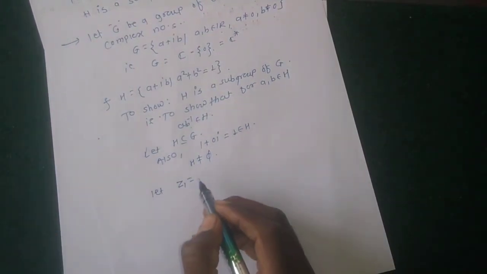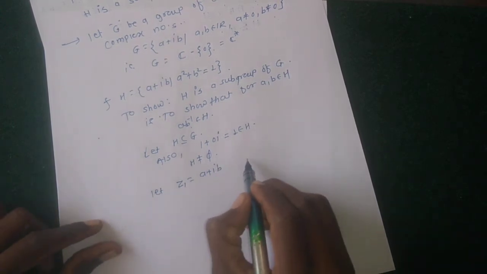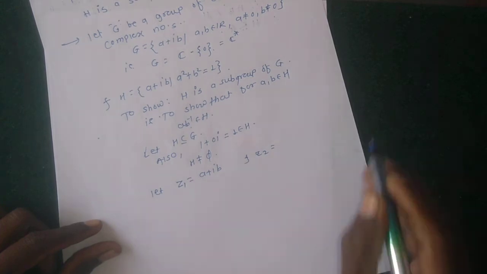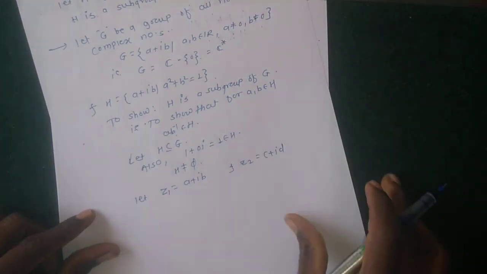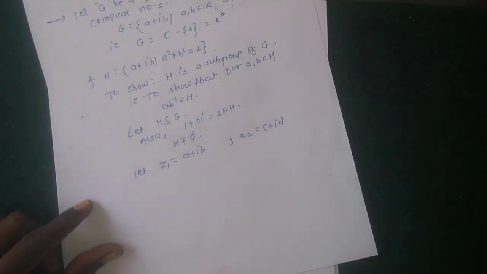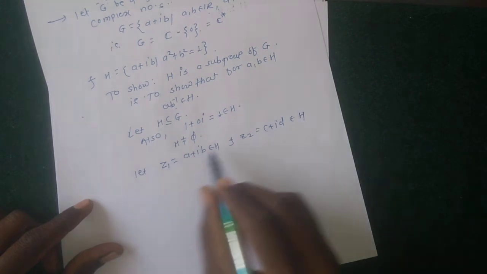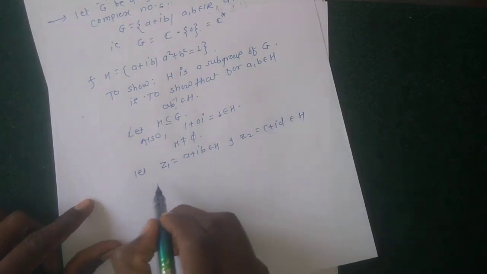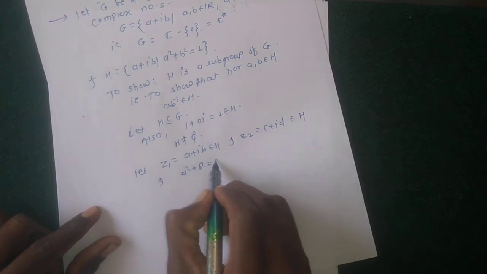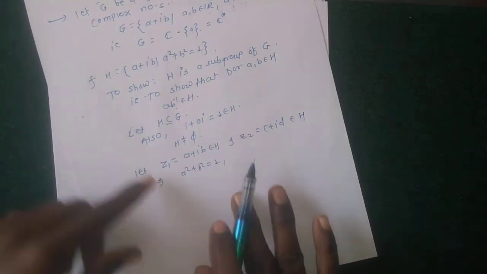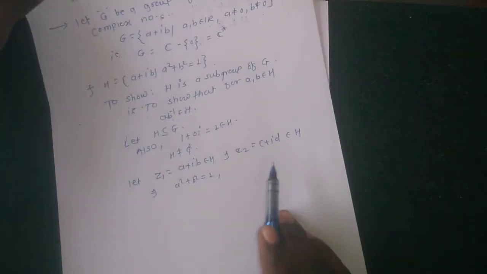Let us suppose we choose Z1 equal to a plus ib and Z2 equal to c plus id. These are two complex numbers chosen from H. Z1 belongs to H, Z2 belongs to H, which implies that a square plus b square must be 1, because this element is in H, and H is the set of elements of the form with a square plus b square equal to 1.